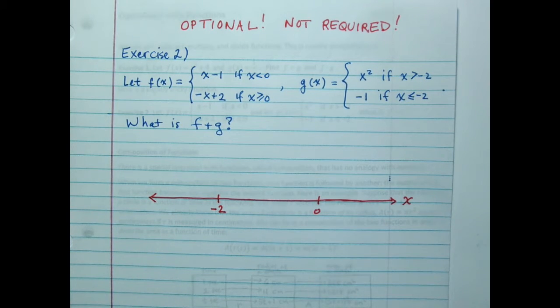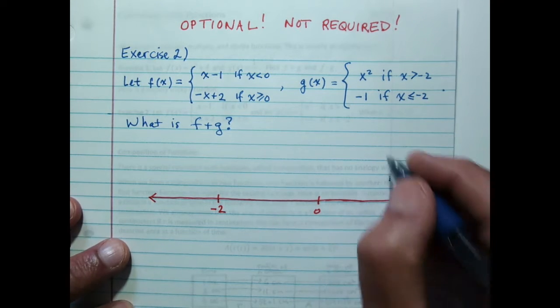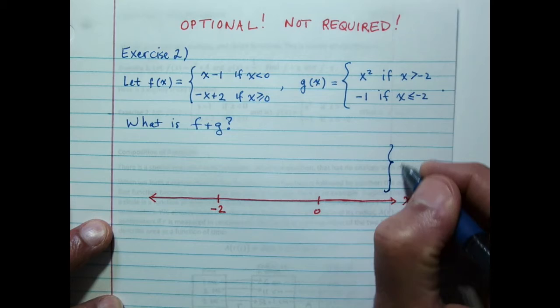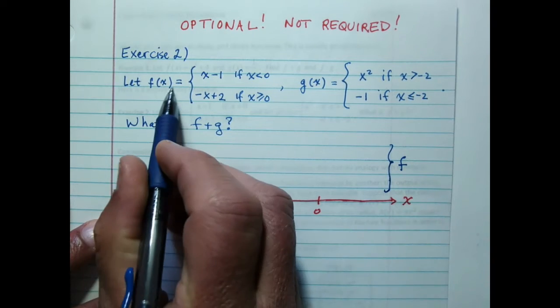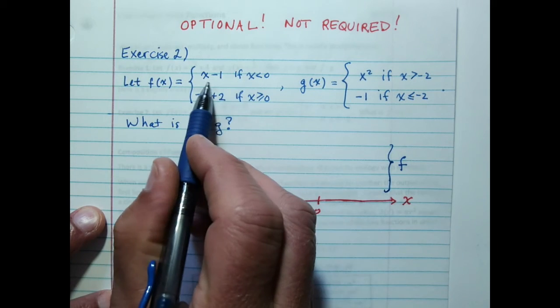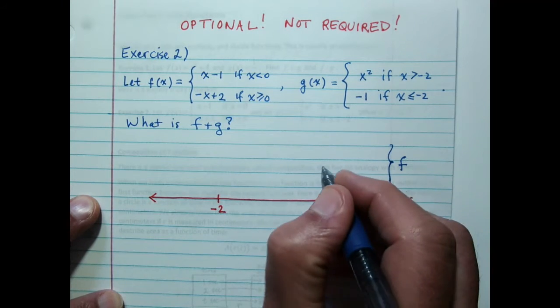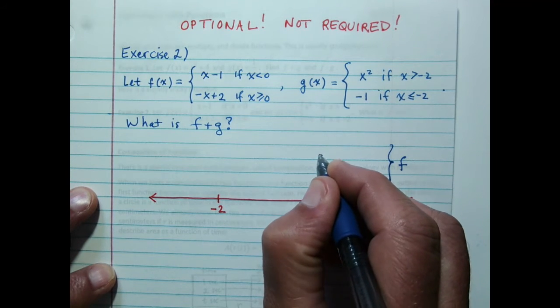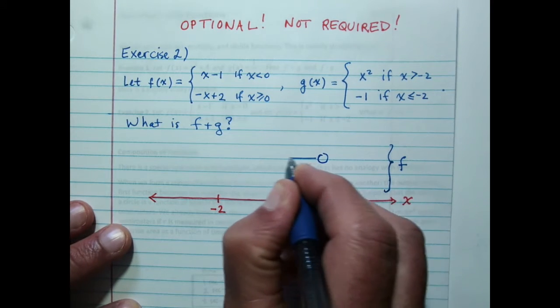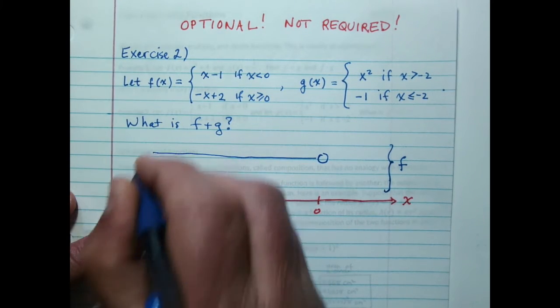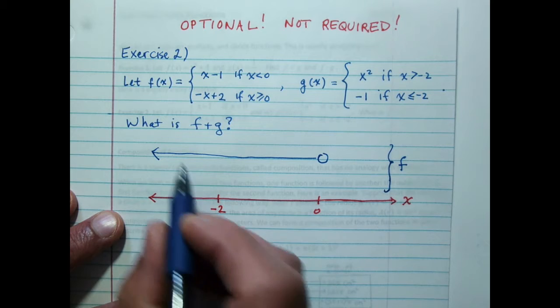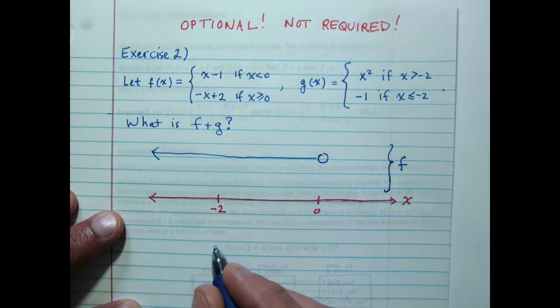And then, above, I'm going to describe the function f. If x is less than 0, the way I'm going to represent that is to draw an open circle above the 0 and draw a line extending to the left. It's kind of like a number line graph, right?